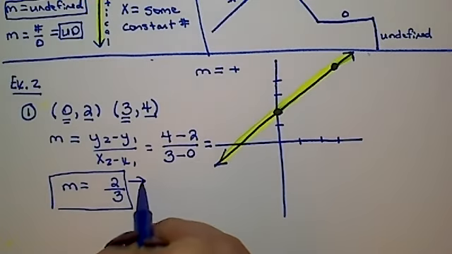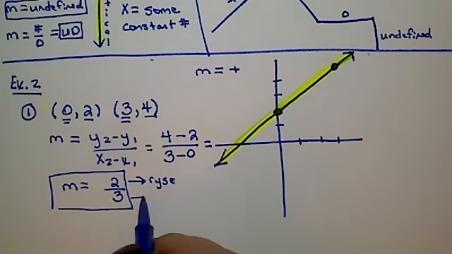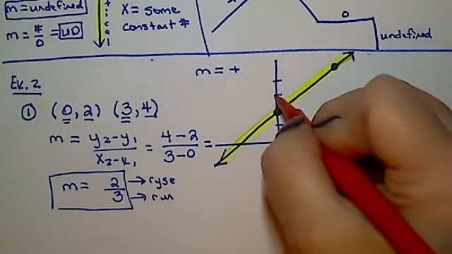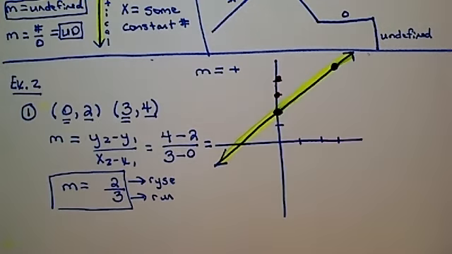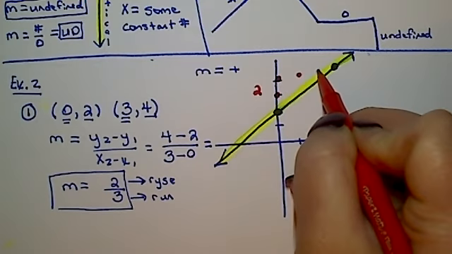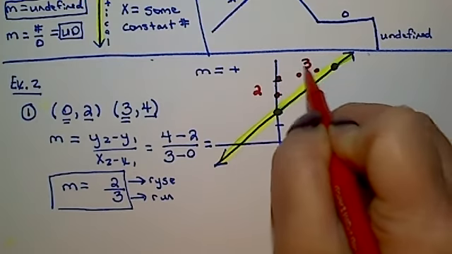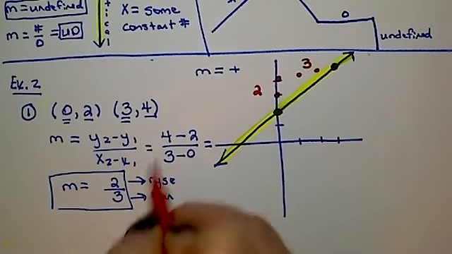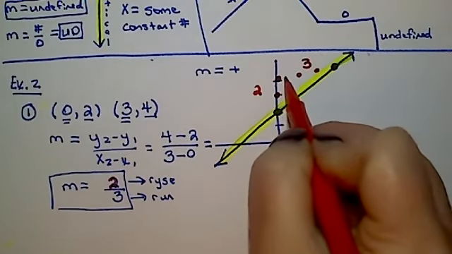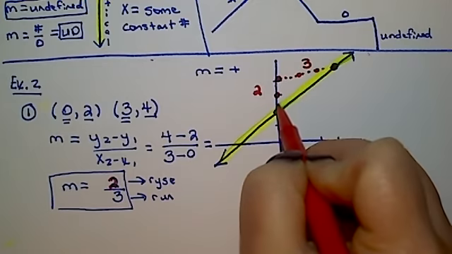So let's see if I rise and I run, if that's what it would be. So I'm going to go up from that point, 2. I'm going to go over 1, 2, 3. So I rise 2 and I run over 3.